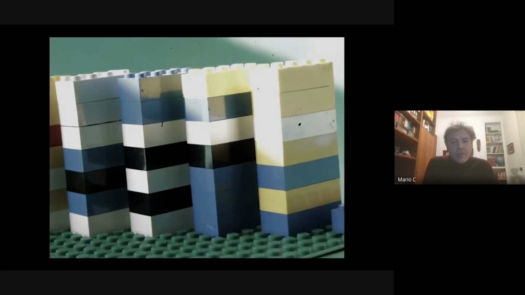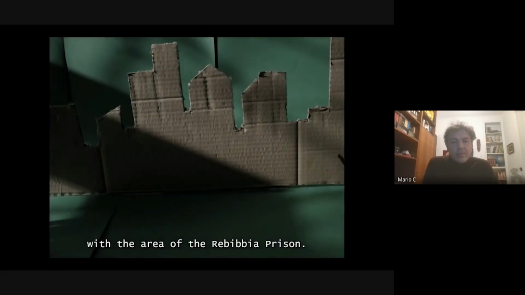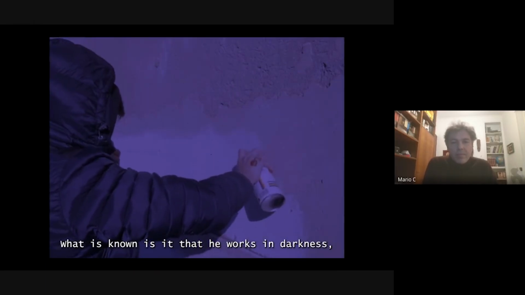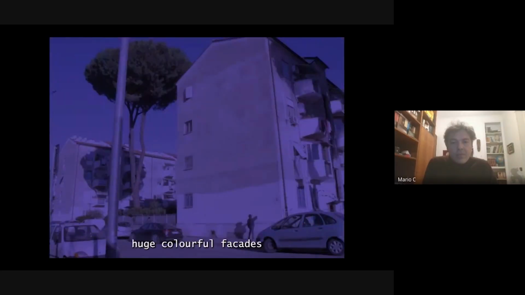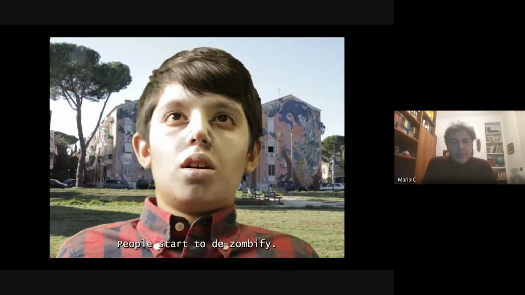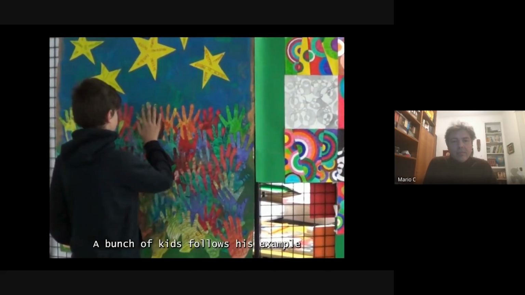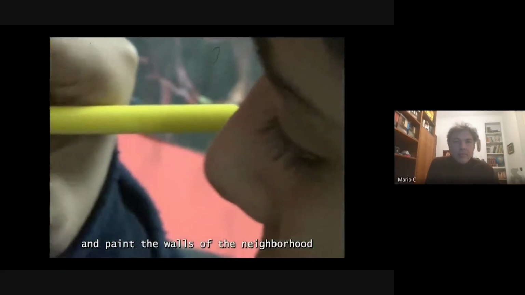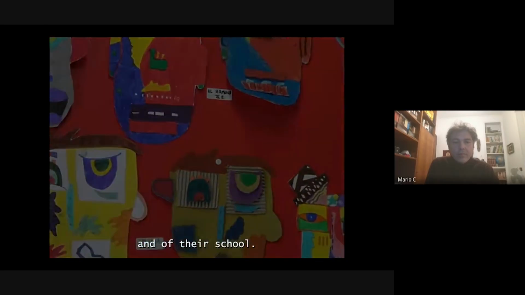Continuano a costruire. Il quartiere sembra diventare un tutt'uno col carcere di Rebibbia. Tutto ciò che si sa è che lavora con il buio e riesce a creare enormi pareti colorate nell'arco di una notte. La gente inizia a dezombizzarsi. Alcuni ragazzi prendono esempio e iniziano anche loro a disegnare e colorare il quartiere e gli ambienti della loro scuola.